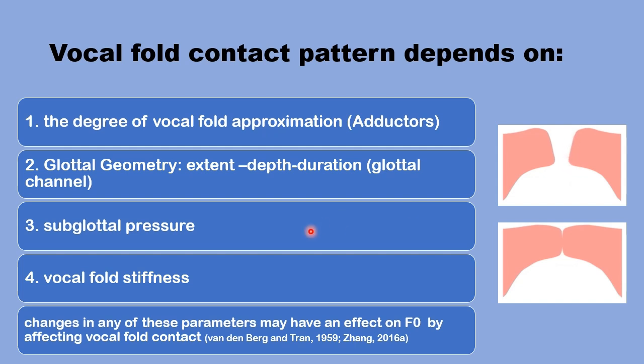Another factor is the subglottal pressure. The higher the subglottal pressure, the easier it is to open up a closed glottis during phonation. And the vocal fold stiffness. All these factors would interplay to affect and control the vocal folds contact pattern during oscillation.